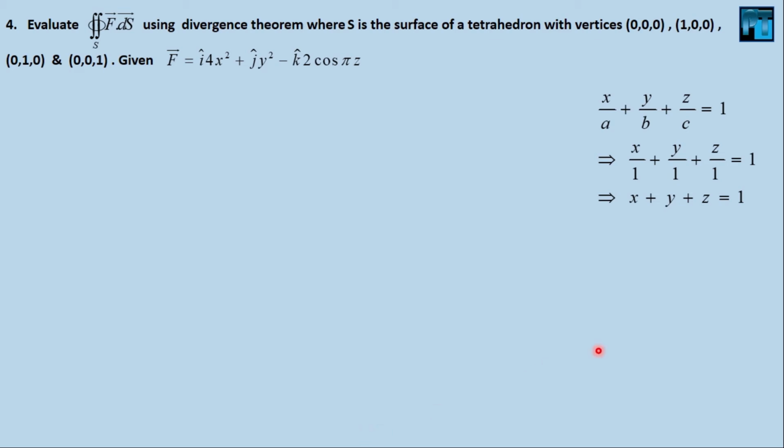See, this is the x cutting point, this is the y cutting point, this is the z cutting point. This is the A, that is 1, this is the B, that is also 1, this is the C, that is also 1. So we are left with the equation as x plus y plus z equals to 1.